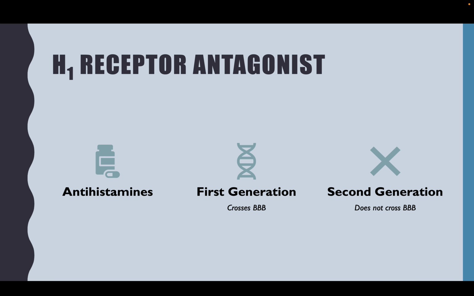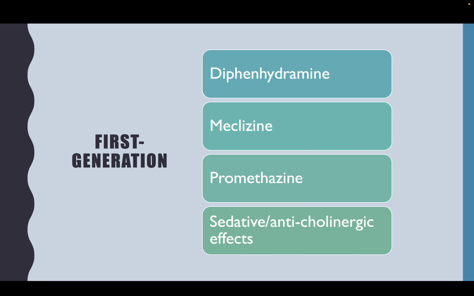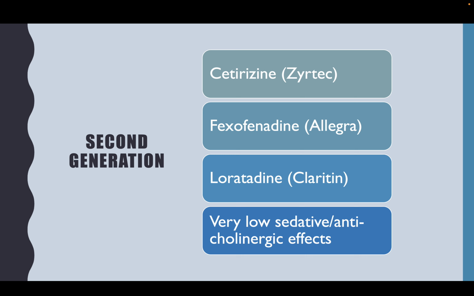Will not make you sleepy. Some of our first generation antihistamines you already know, like diphenhydramine, Benadryl. You may have heard of meclizine or promethazine. Those are all first generation antihistamines and cross the blood-brain barrier, so they have those pretty heavy sedative effects. They also have some anticholinergic effects, so we have to watch out for those in cases of overdose.